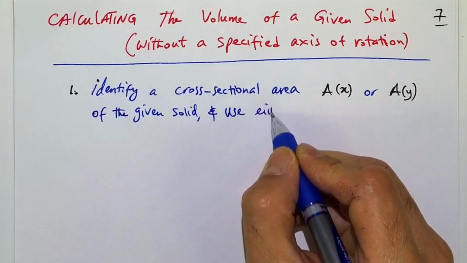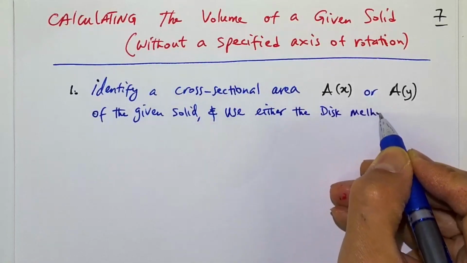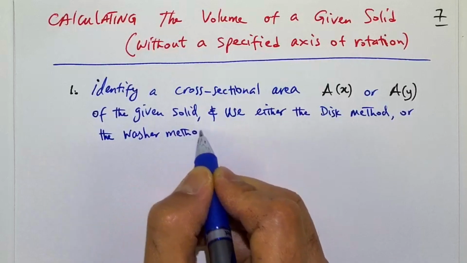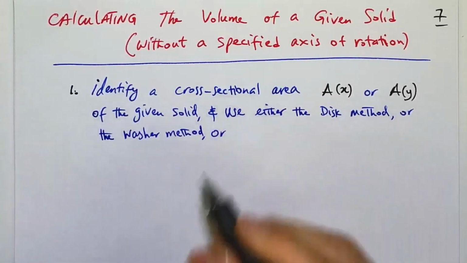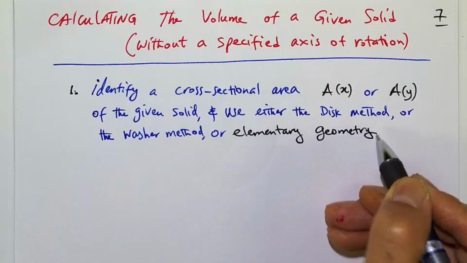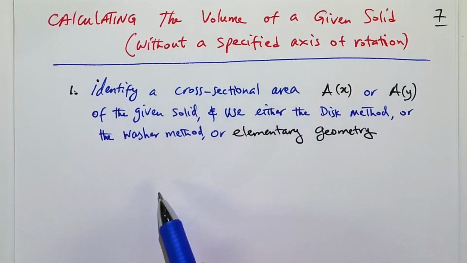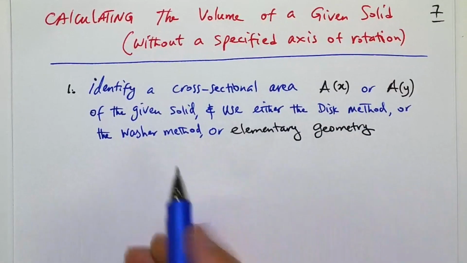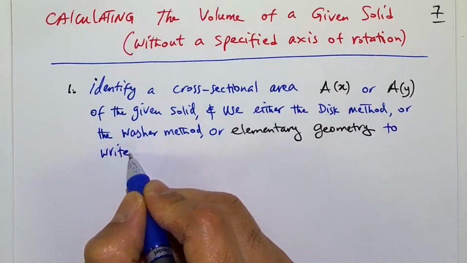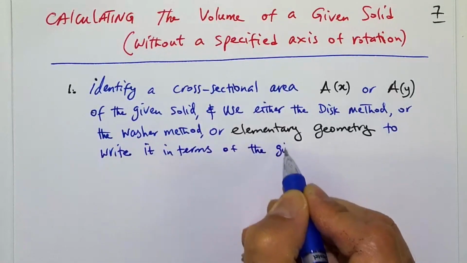And use either the disk method or the washer method, or elementary geometry to write that cross-sectional area in terms of the given quantities that you're given in the statement of the problem.